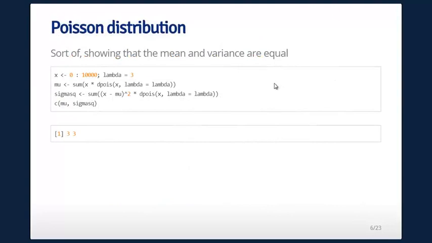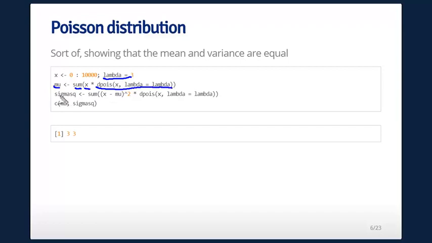I don't want to go through the math. In my other class I go through the math. But here I'm showing that the mean and the variance are equal numerically at least. So I'm going to take x out to infinity. For the purposes of this example, infinity is 10,000, but this goes pretty fast, so you could do 100,000 if you wanted to. You plug in whatever lambda value you want, and our mean is just the sum of the x values times the mass function values.